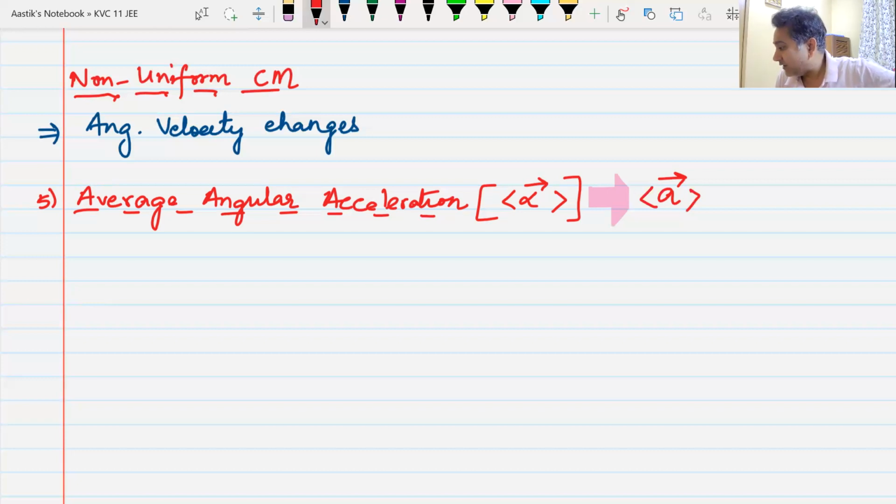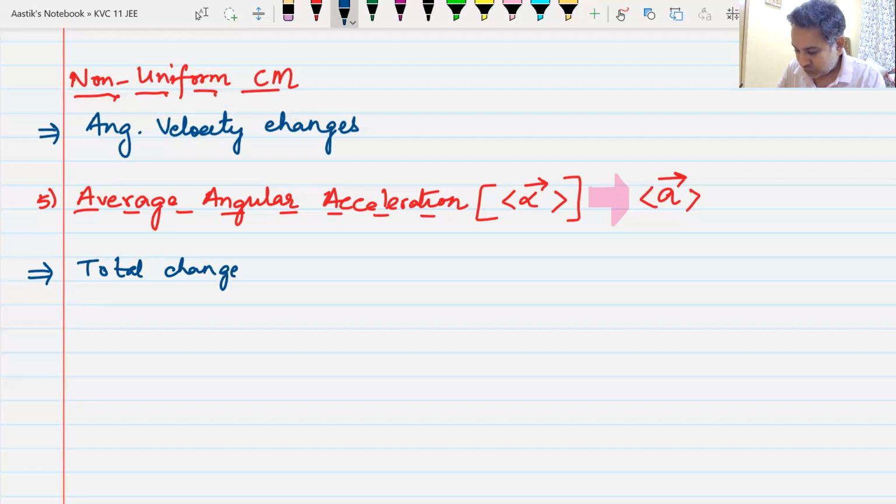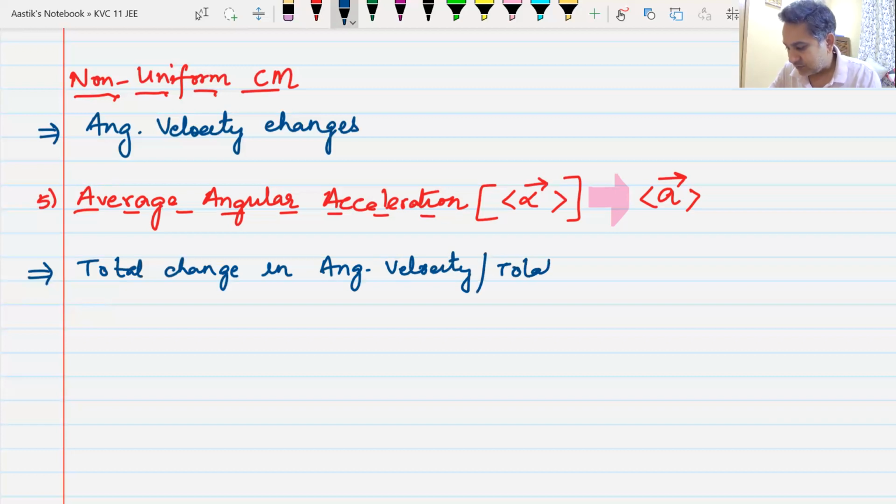Now, what would be average angular acceleration? This will be equal to total change in angular velocity divided by total time. That is your average angular acceleration.